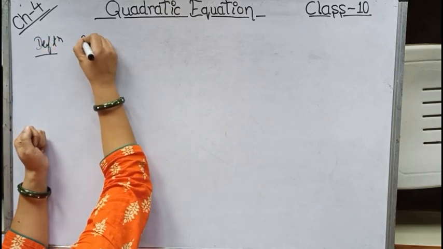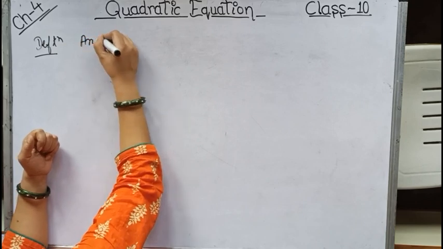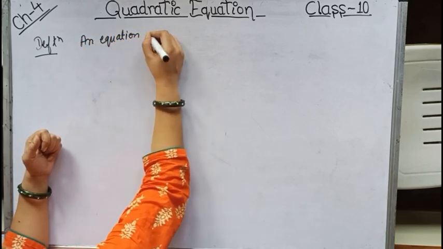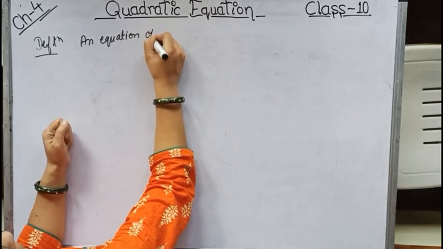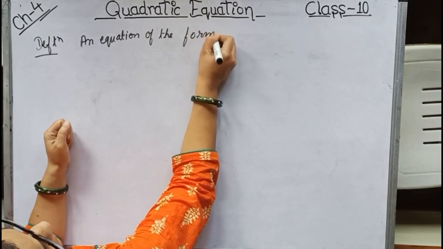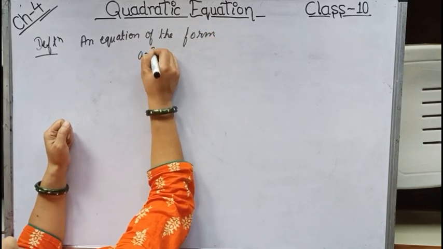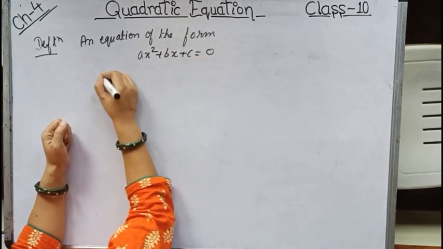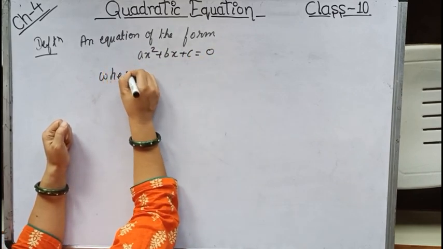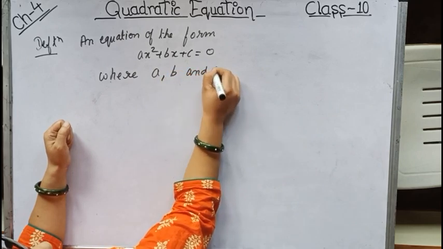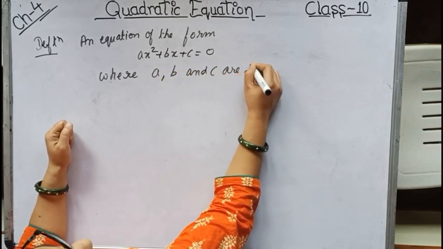Definition. Quadratic means power 2. So an equation of the form ax square plus bx plus c equals to 0, where a, b and c are real numbers.